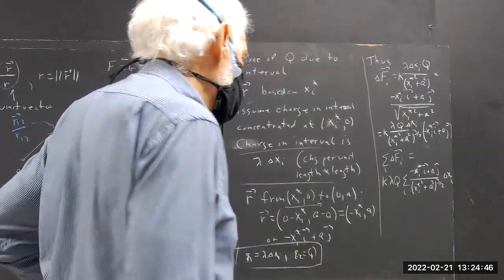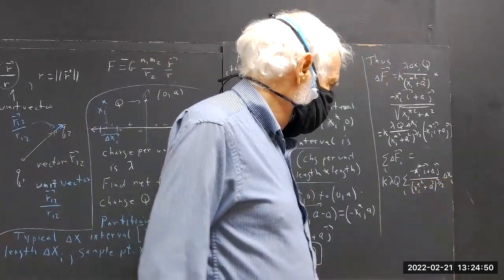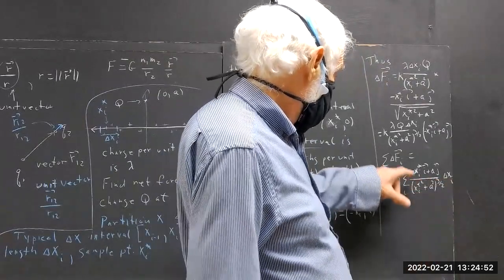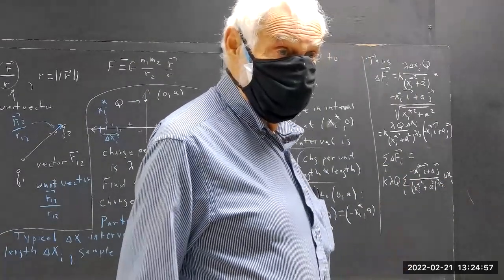Then if you understand approach to the limit, your delta xi becomes a dx. Your xi stars become x's, and now we have an integral.